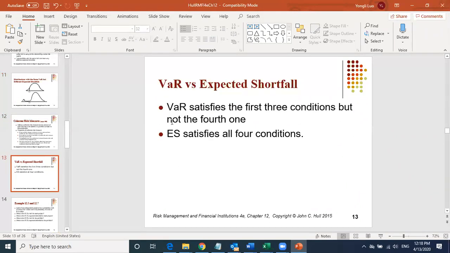What is the difference between these two? The VaR satisfies the first three conditions, but not the fourth condition. So expected shortfall satisfies all four conditions.